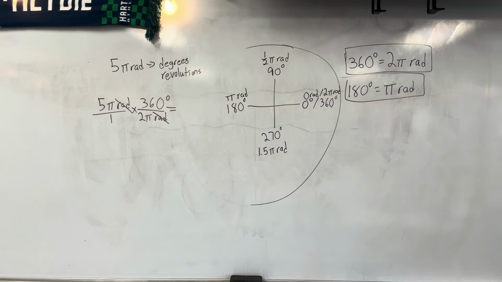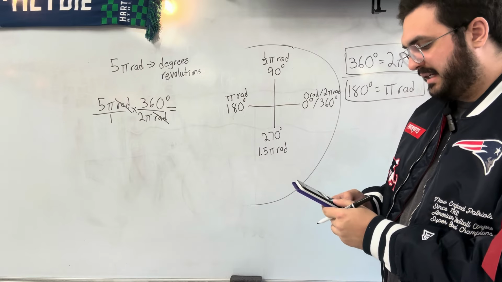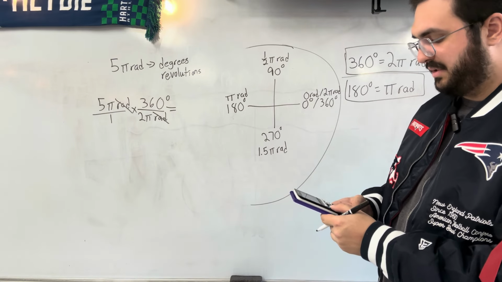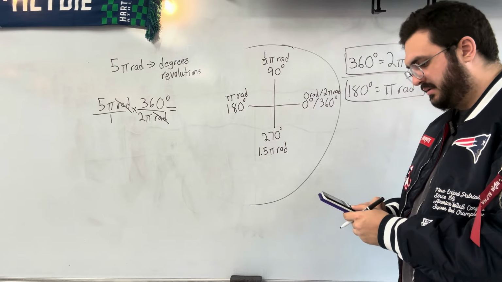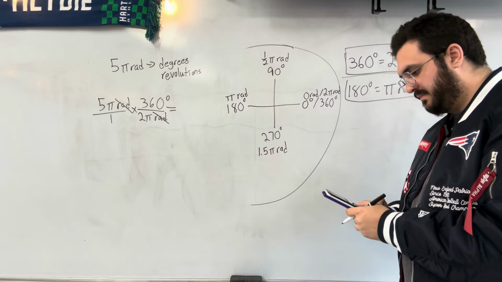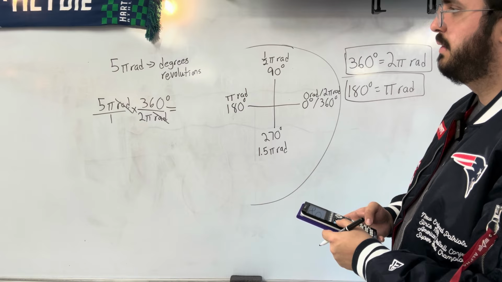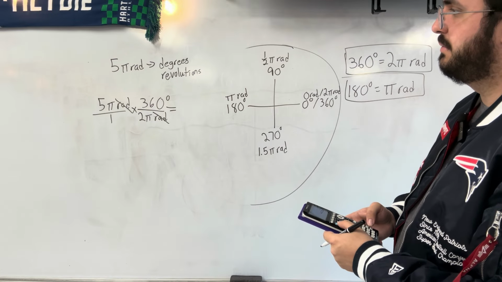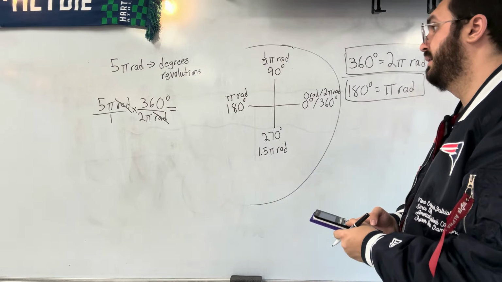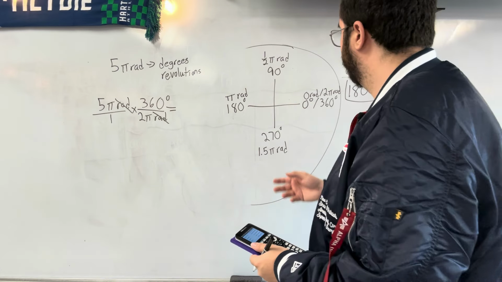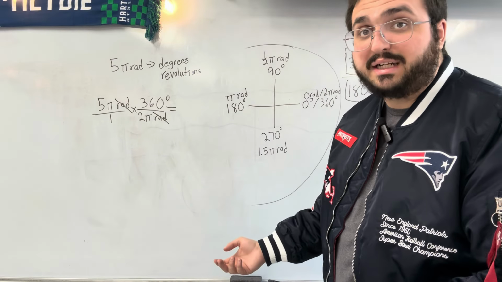Hit some numbers. So we get 5 pi times 360 divided by 2 pi. And I just want to make sure that I'm doing this right here. Because what we should get is essentially, if 2 pi is one full rotation, we should have 2.5 rotations here.